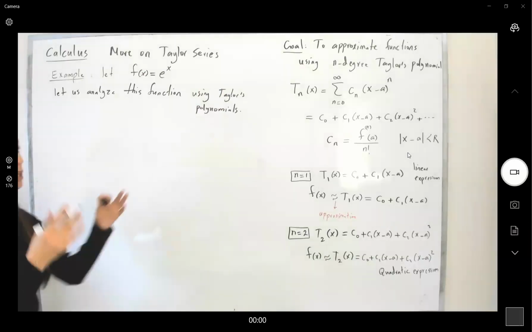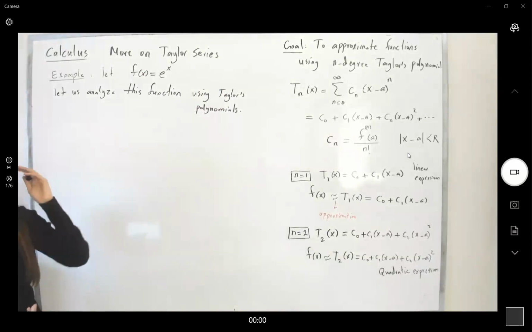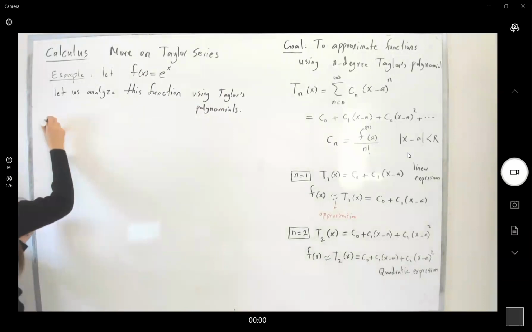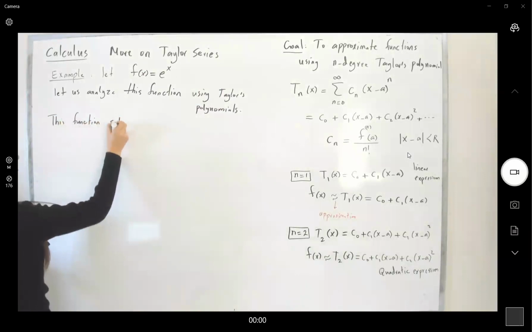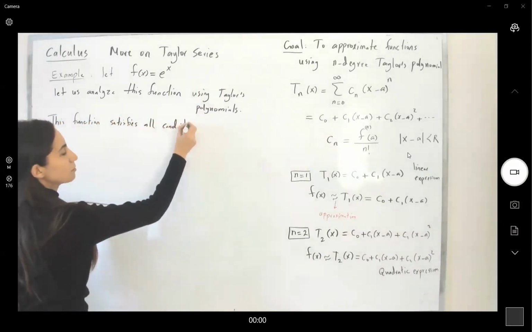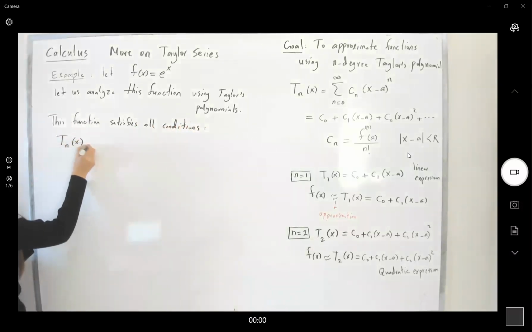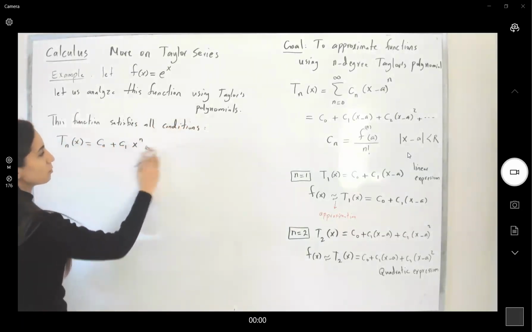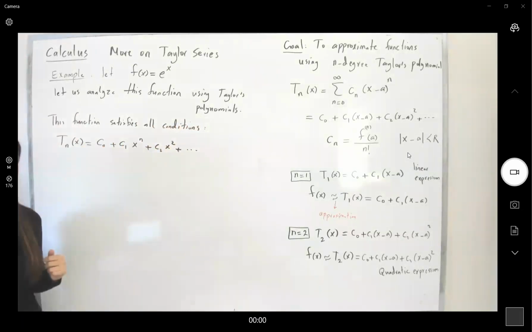Okay, we saw this guy before. We know that it satisfies all the conditions for our theorem, and we can actually just start writing the Taylor expansion for this. This function satisfies all conditions. So Tn of x, we saw this before, is C sub 0 plus C sub 1 times x, plus C sub 2 times x squared, plus the rest of the terms.